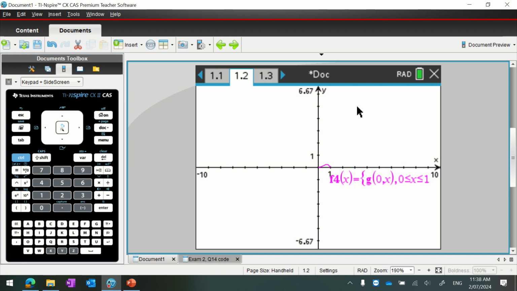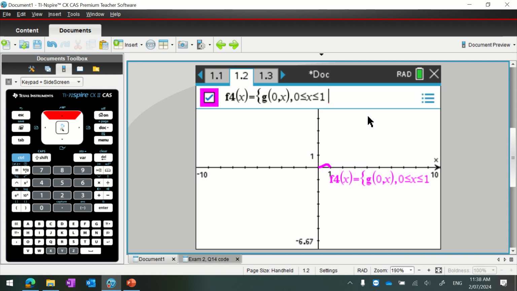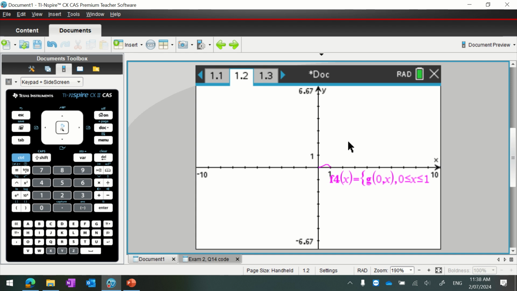The computational load the CAS algorithms have to go through becomes a lot heavier than if you only put the domain in when you execute the command. So only put the domain in when you are doing a command or functionality of the CAS. Do not put the domain in a definition of a function. All right, so here we go.